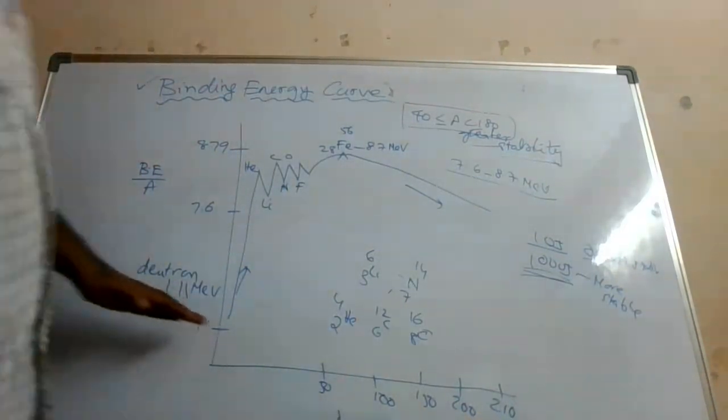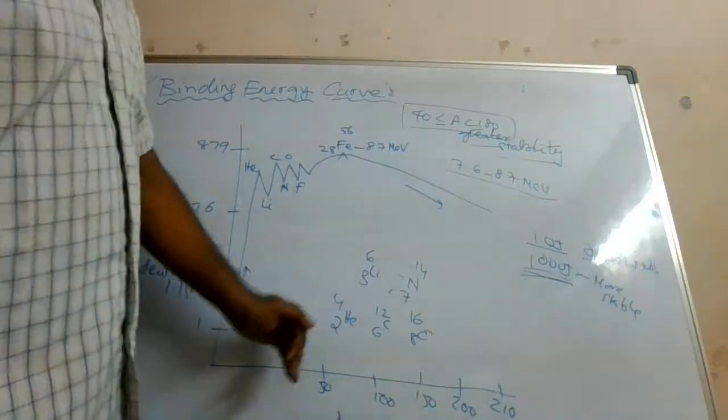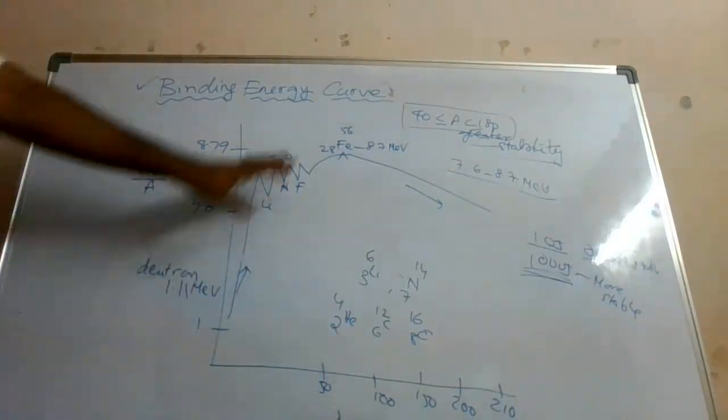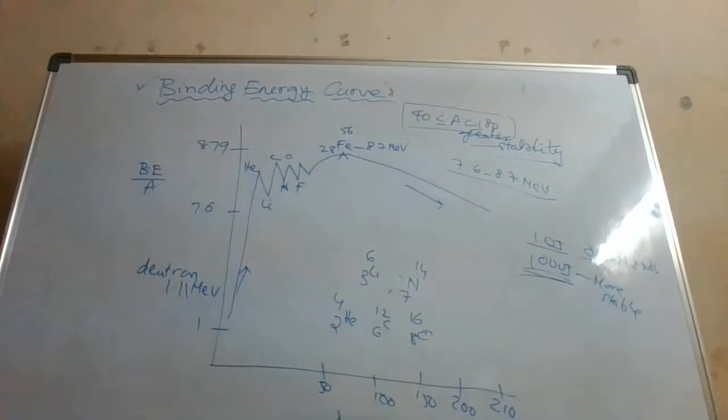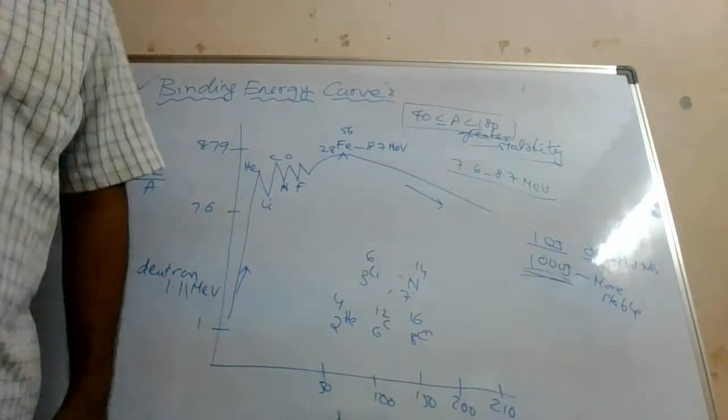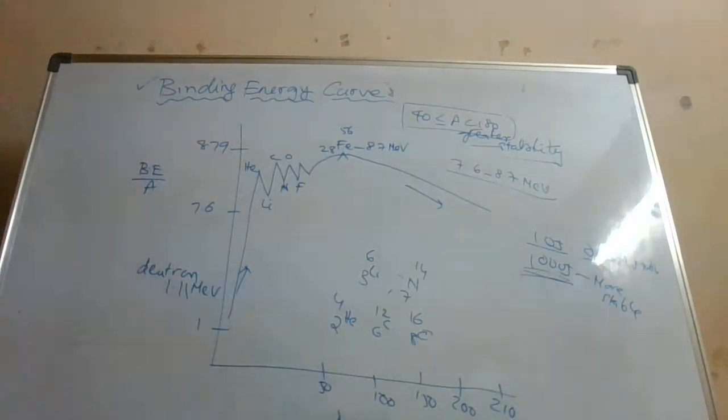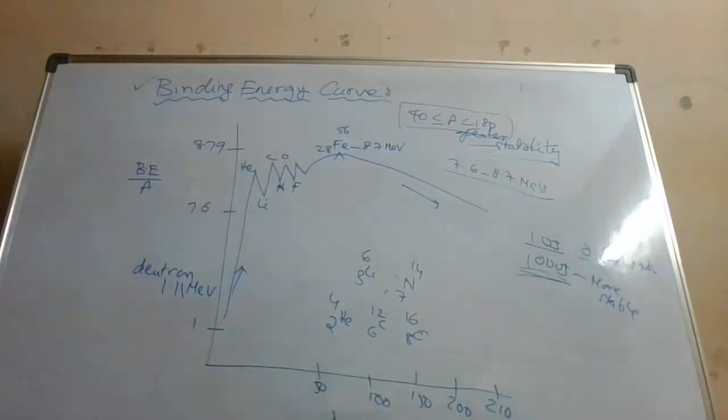So when you move towards atomic numbers 50, 60, there you find iron, which has the maximum average binding energy. So it is very difficult to break iron. Very difficult to break iron doesn't mean you can take a hammer and break it. That is not what we mean.